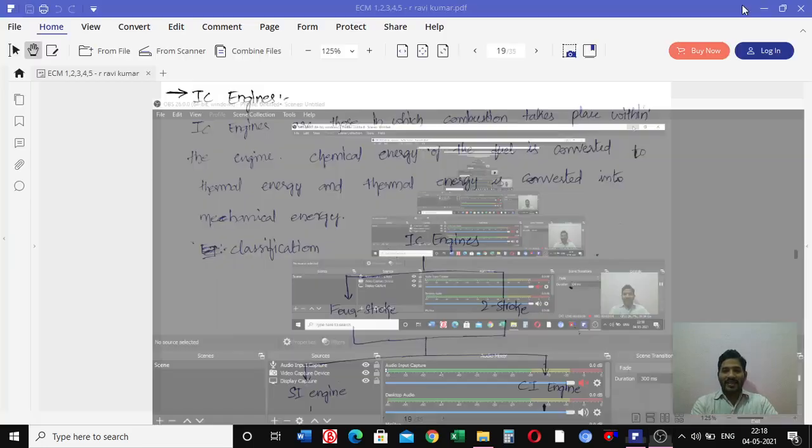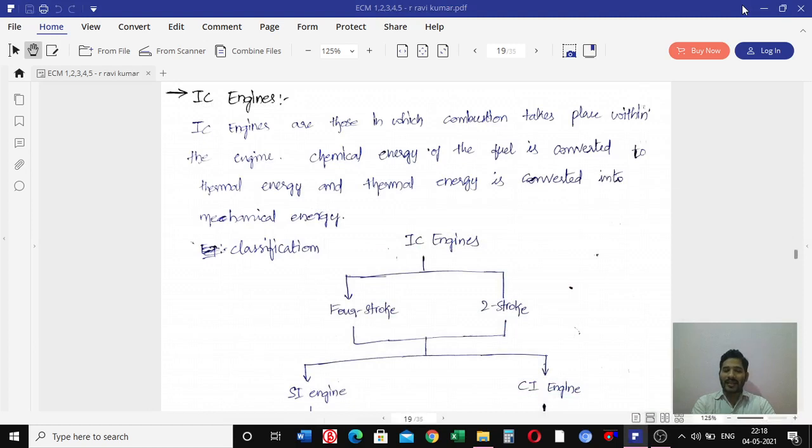So today in these sessions we are going to learn about the internal combustion engine. In the internal combustion engine, combustion takes place within the engine.